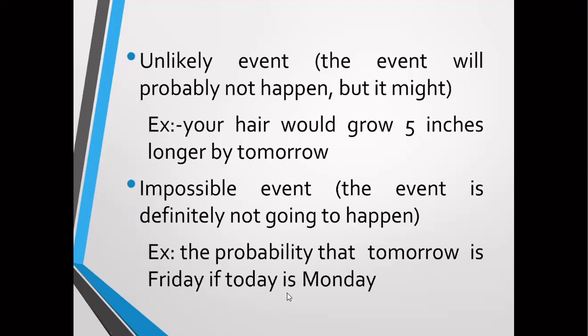That means the probability of that event is going to be 0. The probability is none. That event is never going to happen. There are 4 types of events: likely event, unlikely event, impossible event, and certain event.